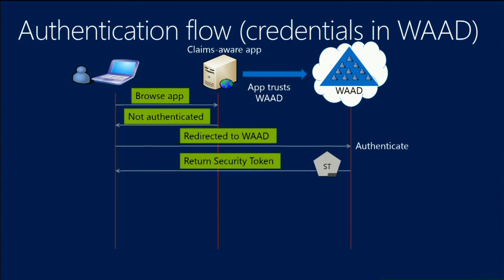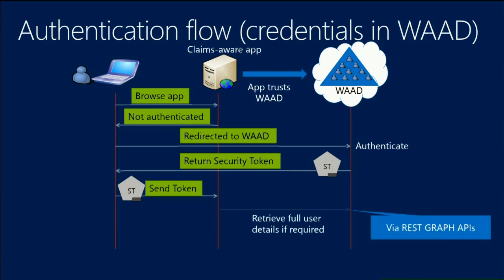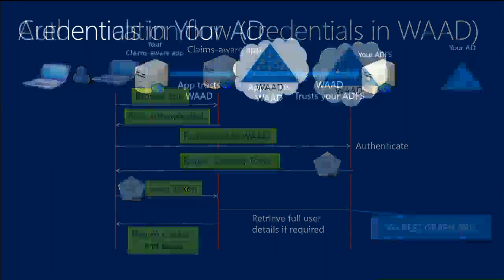If you're familiar with federation, you can put anything you like on the security token, but this security token is very minimal. It just has an identifier for the user. Then that token gets returned to the app, and the app can go and retrieve anything it needs from the directory itself. It can have a key which gives it read access only, or a key that gives it read-write access. And then we return the cookies and the page, and we're authenticated.